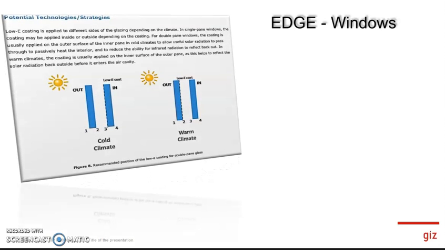For windows, again, you have a description in the user guide, explaining the background of low-E coated glass and windows, and where to put the code in the different kinds of climate, and so on.